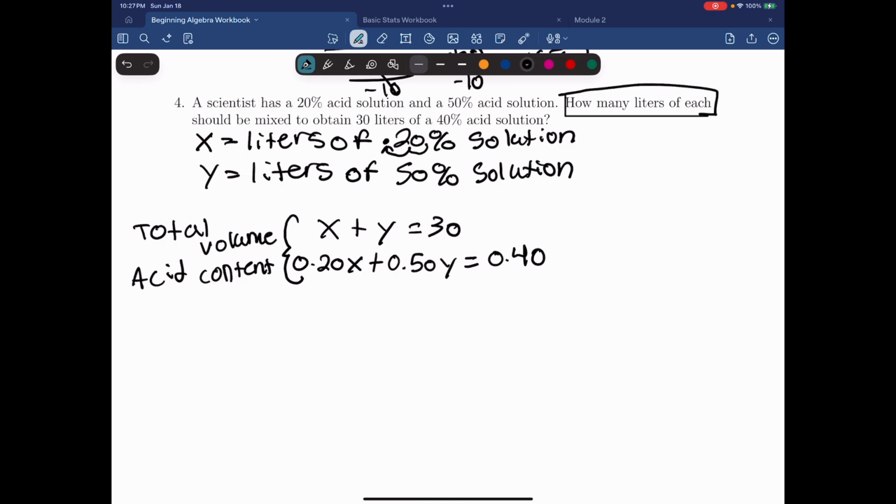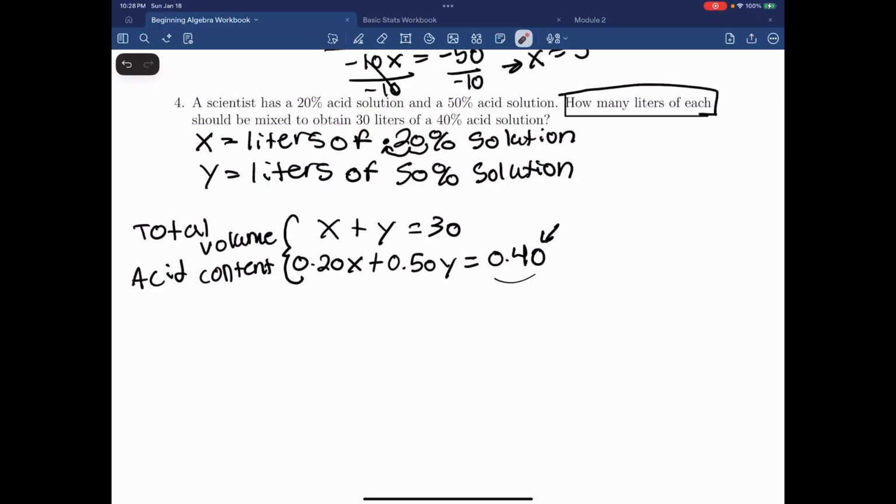Wait, I made a mistake. Can you spot that mistake? If not, no worries. This 0.40 doesn't represent the total amount of acid content, because we need a 40% acid solution in 30 liters.